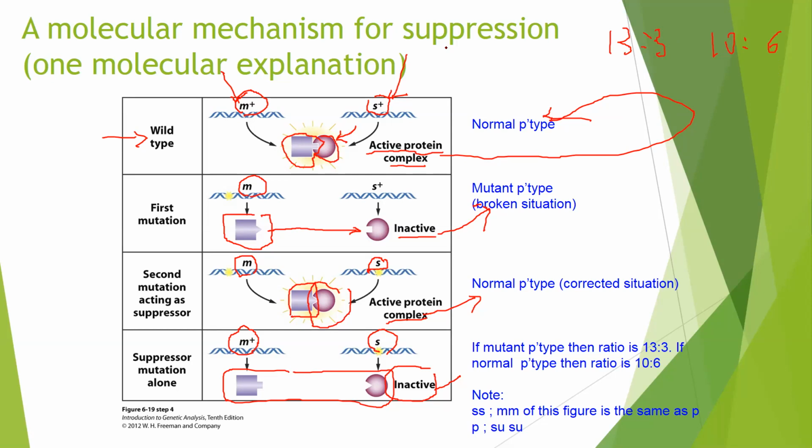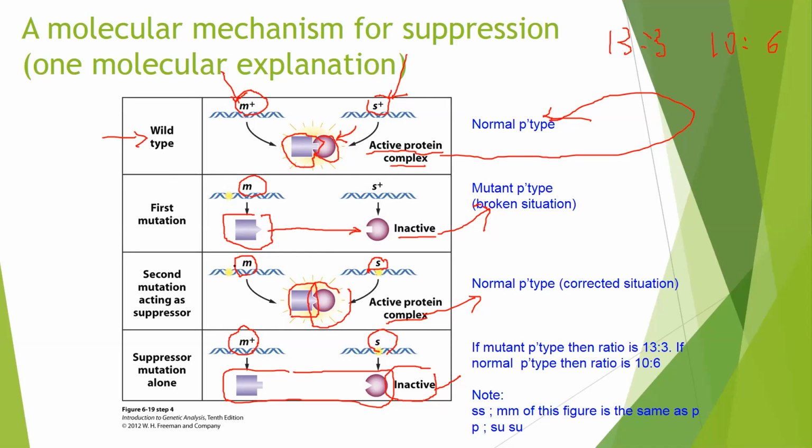There's a question. Is it possible for both mutant M and the suppressor to mutate, but not come together? Yes, of course, that makes sense. But we are talking about the specific situation.